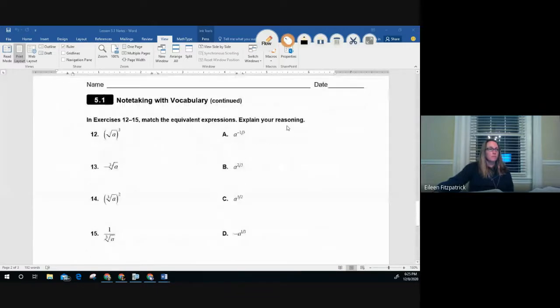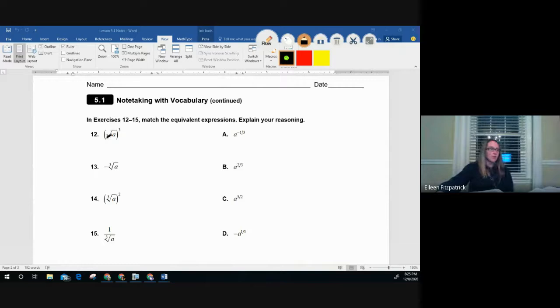Match the equivalent expression, explain your reasoning. Sometimes I think it's easier to go through and rewrite these in another form and then figure out which one it matches. It's up to you if you want to look at the answer options and the problems and decide which one it matches, or rewrite each one in a new form.